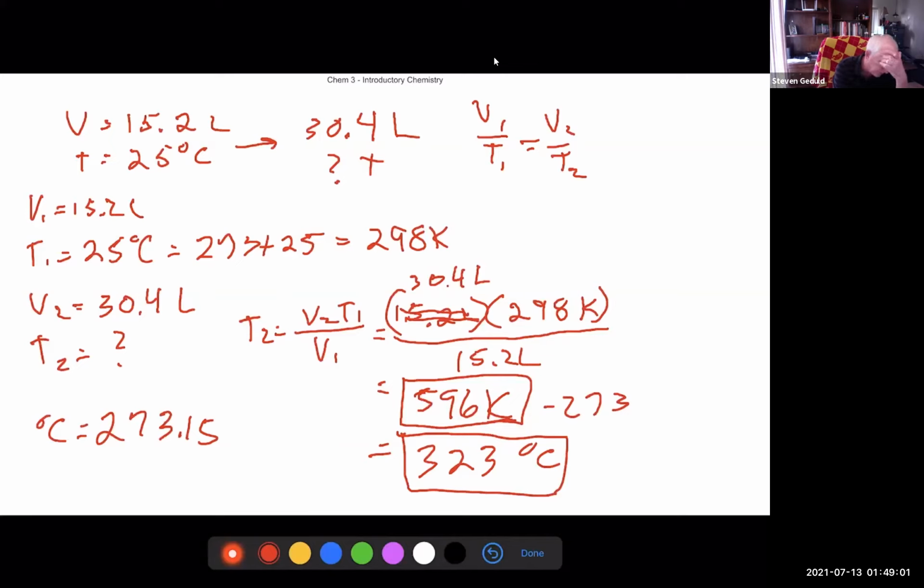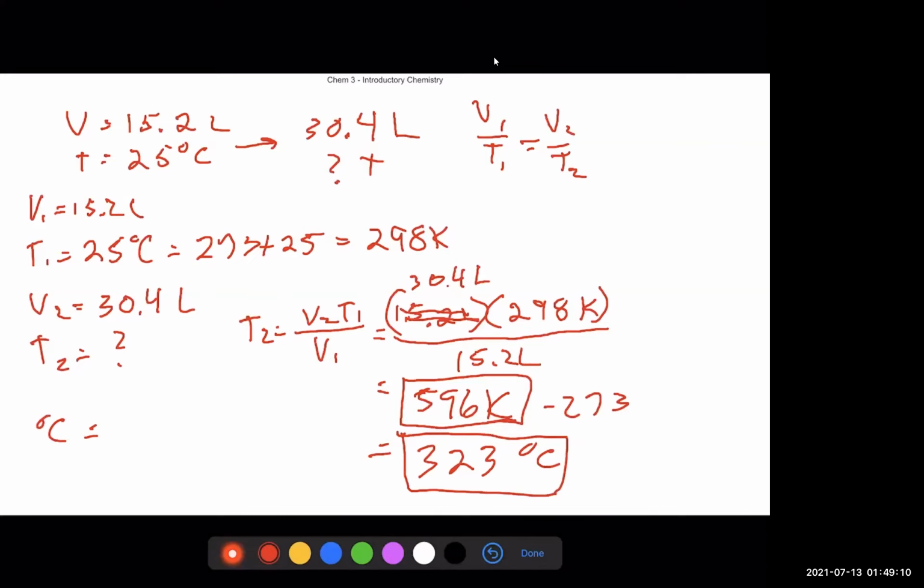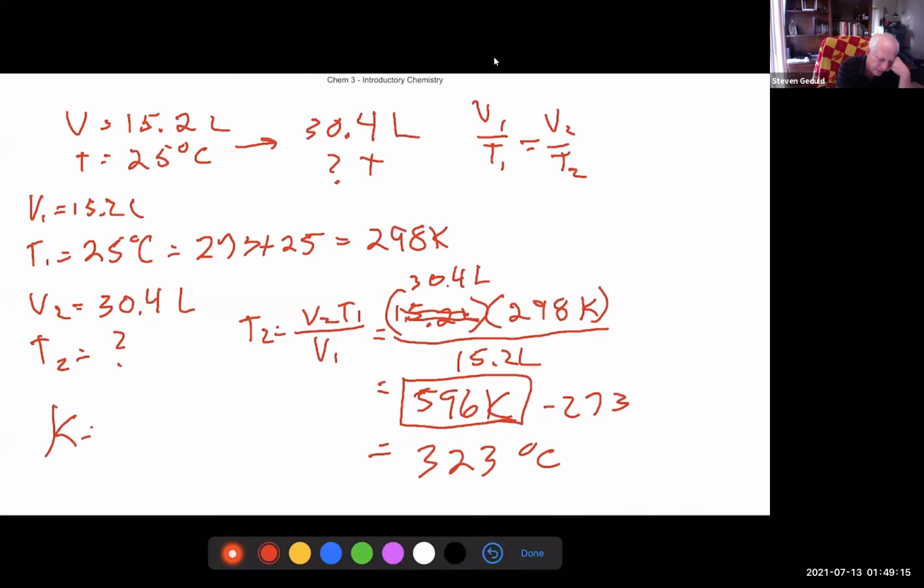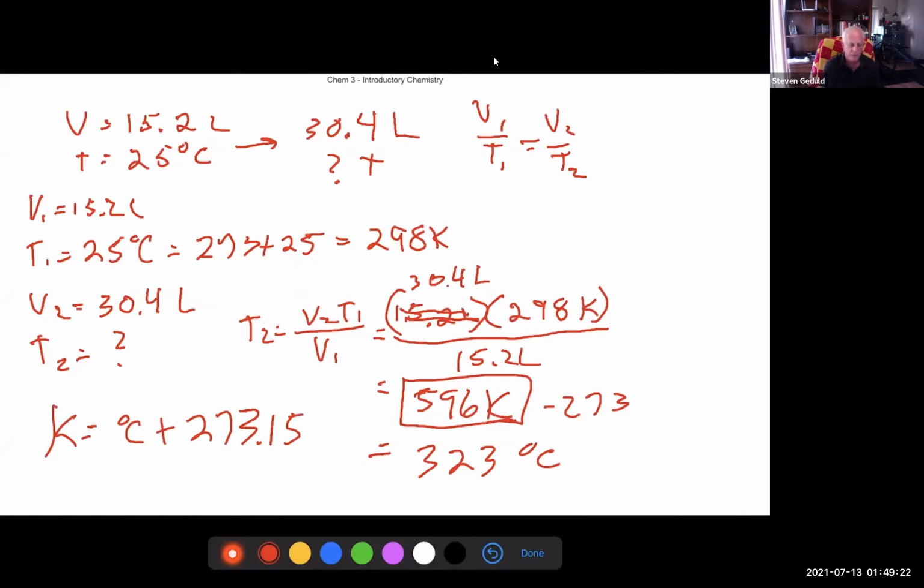I'll make it easier. Kelvin equals your degrees centigrade plus 273.15. So to convert degrees centigrade to Kelvin, you add 273. To go the other way, degrees centigrade is going to equal Kelvin minus 273.15.